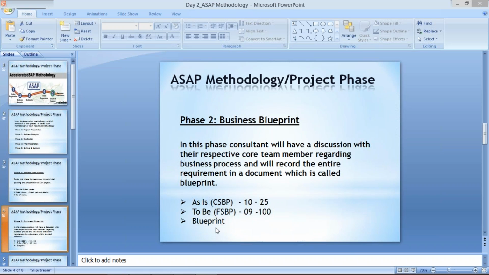In the sense, whoever the core team member and project manager from client side are going to put their signature. And from Wipro side also, whoever the project manager and the senior or junior consultants are, these people are also going to put their signature over there.